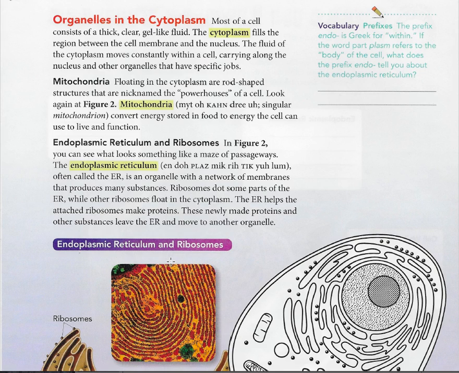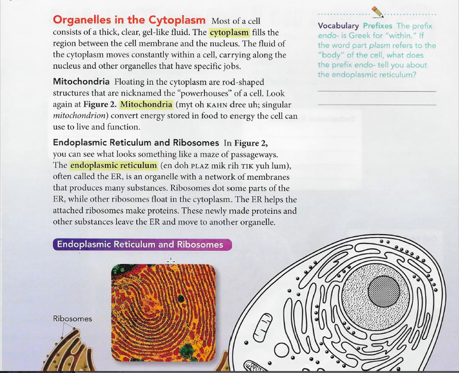Endoplasmic reticulum and ribosomes. In Figure 2, you can see what looks like a maze of passageways. The endoplasmic reticulum, often called the ER, is an organelle with a network of membranes that produce many substances. Ribosomes dot some parts of the ER while other ribosomes float in the cytoplasm. The ER helps the attached ribosomes make proteins.